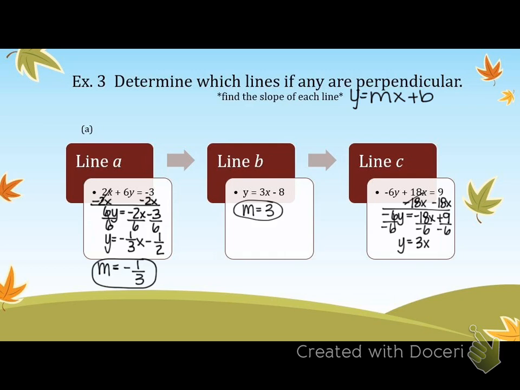Now, a positive divided by a negative is going to give me what kind of answer? Negative, but 9/6 is not going to give me a whole number. It's just going to reduce. What's it going to reduce to? 3/2. So what is the slope of this line?